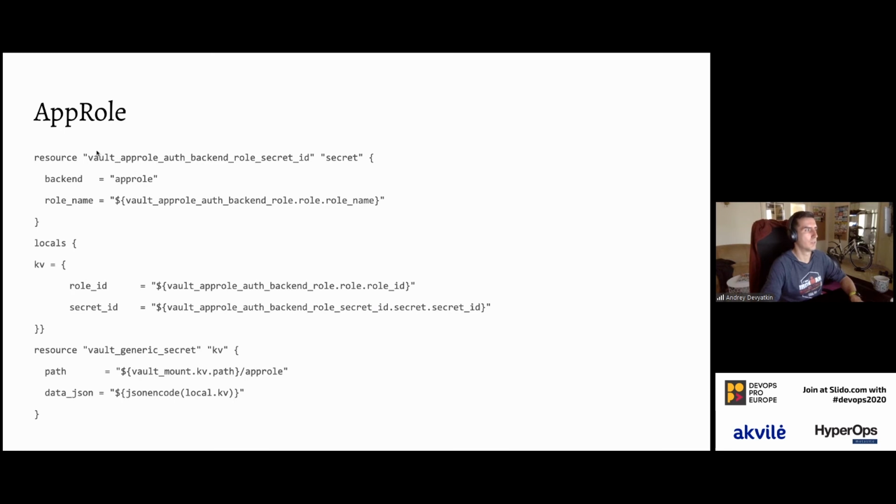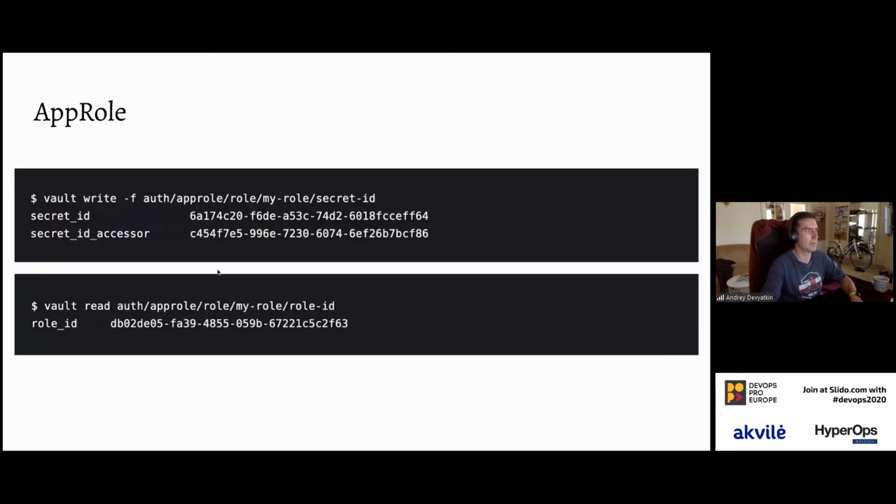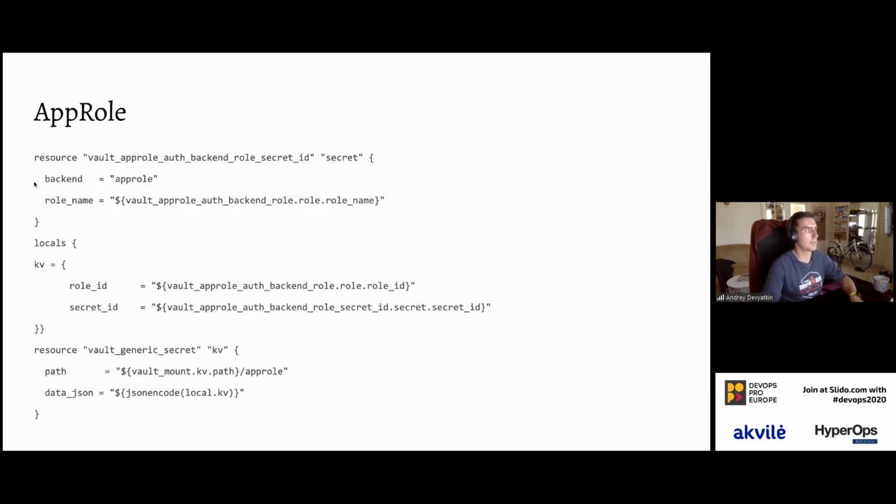So instead of doing that manually using the console, you create this resource. Basically you're creating a secret, and then with this resource you save the role ID and the secret ID to the KV, which is a map, and then you save this map to the KV store in Vault, and you can retrieve that from Vault.